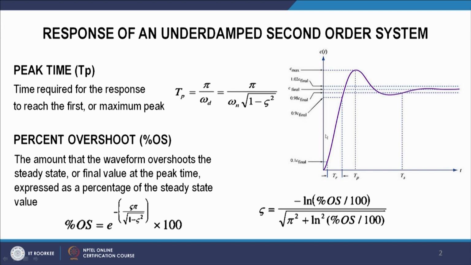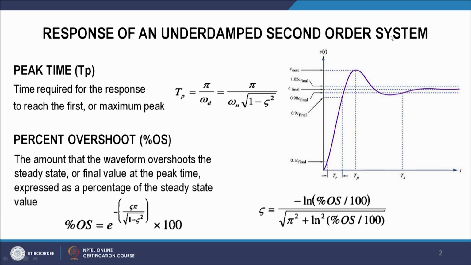and we see here C final is the step input, and the response is rising and it is going to overshoot this final value, and then it is coming down and then trying to follow the input or final value.